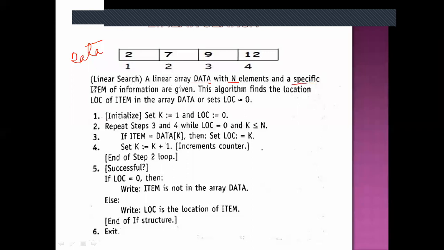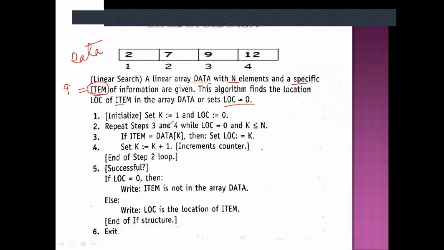If I want to search for 9 or 19, that thing I have stored in item. First of all, I'm assuming item is 9. This algorithm will find the location of the item in the array. If the item is present, it will print that location. Otherwise, the location will be 0.